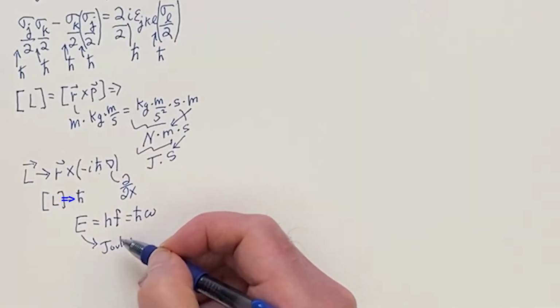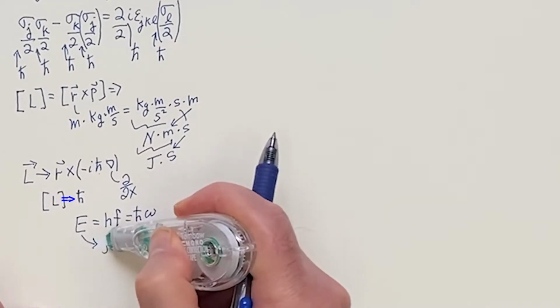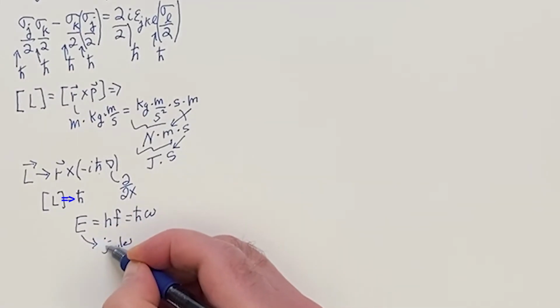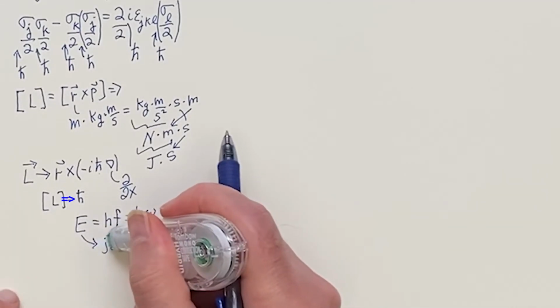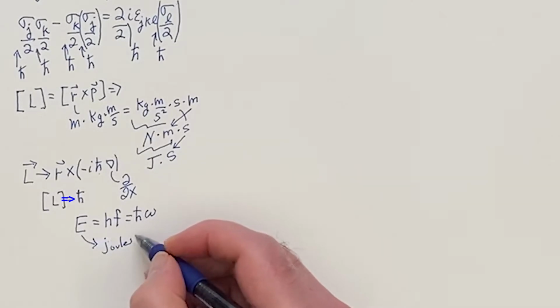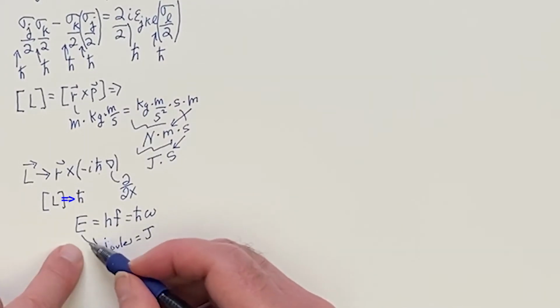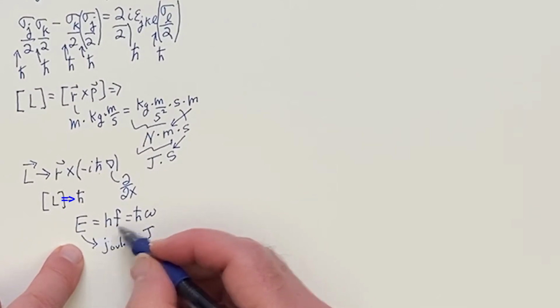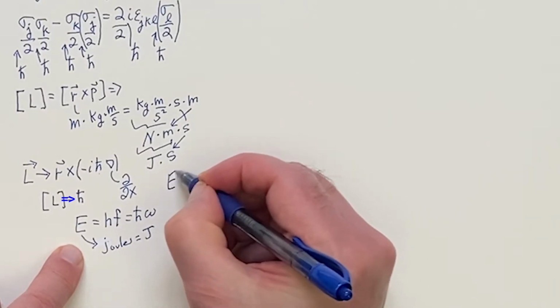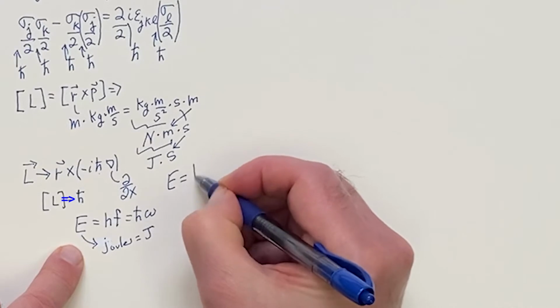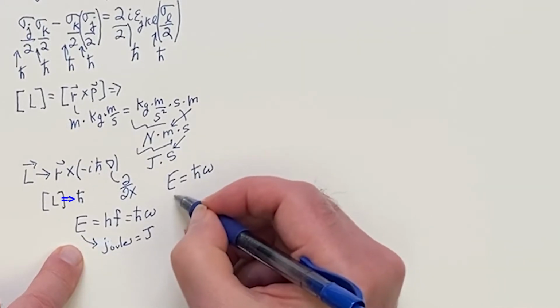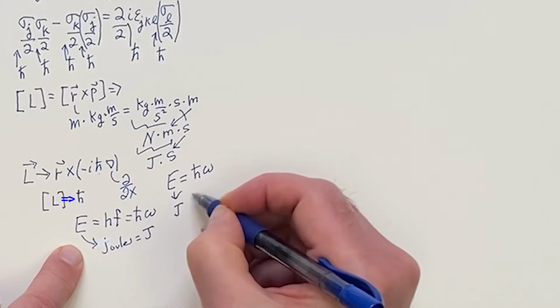Now, usually when you write out the joules, you put a lowercase, and then if you abbreviate, we do capital. So that's joules. So here, we can do the h bar omega, it doesn't matter. This is going to get you joules.